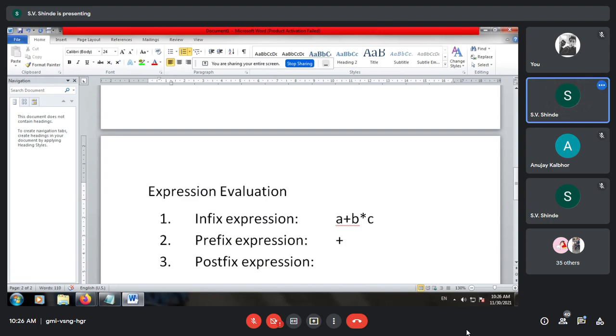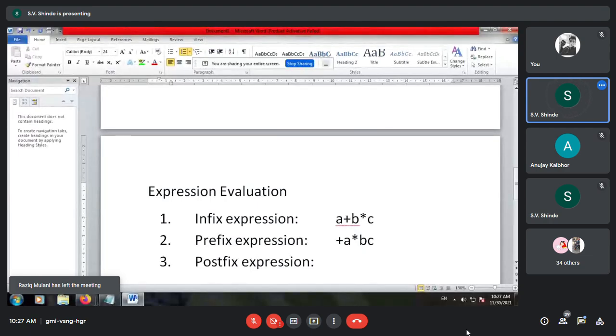So we have to first find the priorities, which operation should work first. a plus b can be written as a b plus, but due to priority, b into c will be executed first.